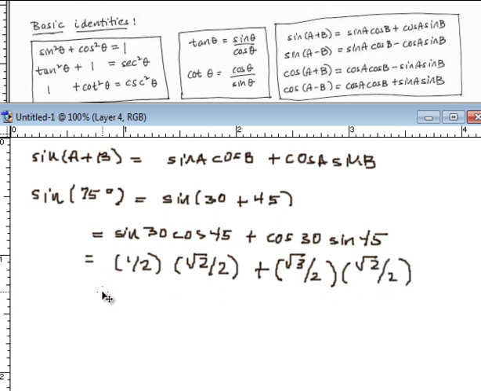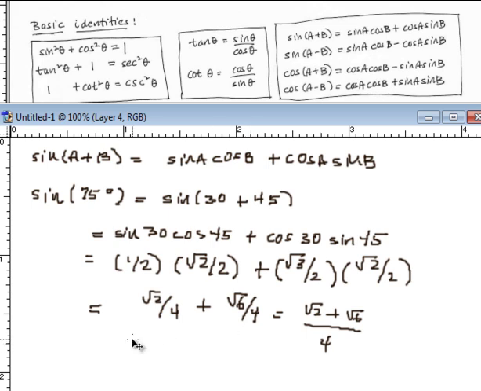And you could just simplify that. Let me just simplify that a little bit. That's root 2 over 4 plus root 6 over 4. We could write that underneath one denominator. I like that. So that's how we use these formulas.